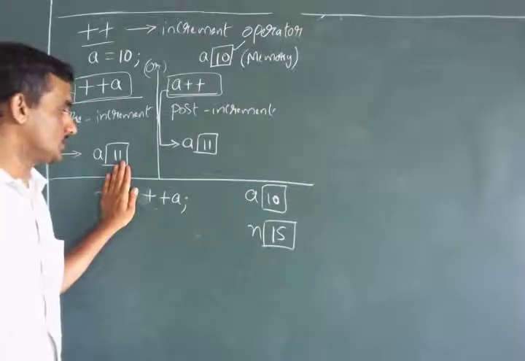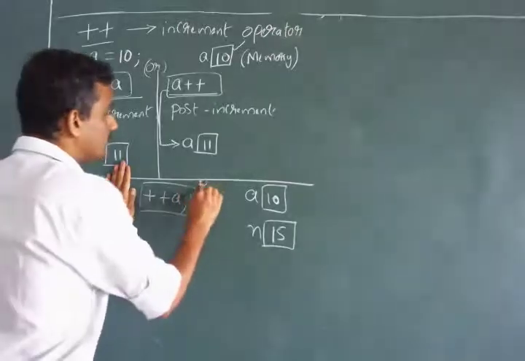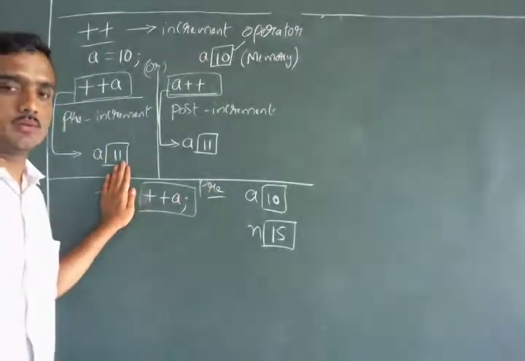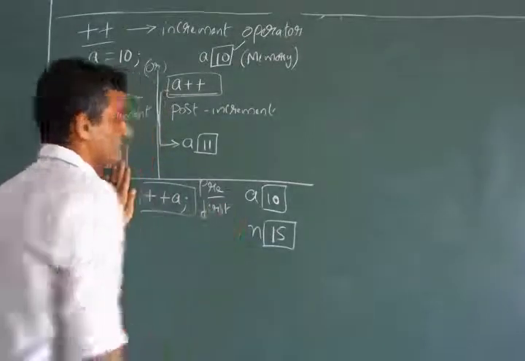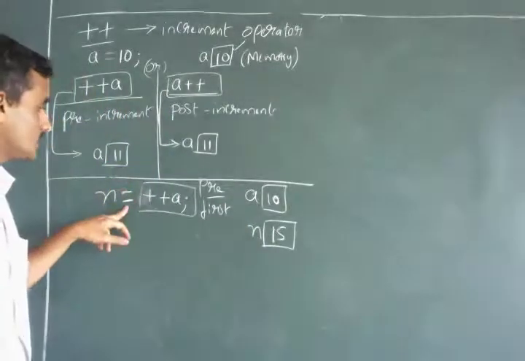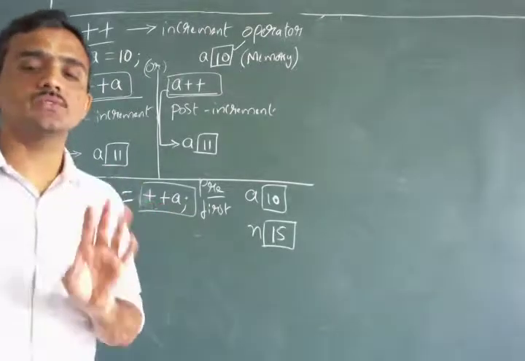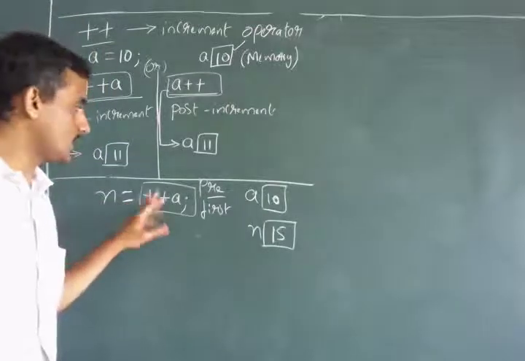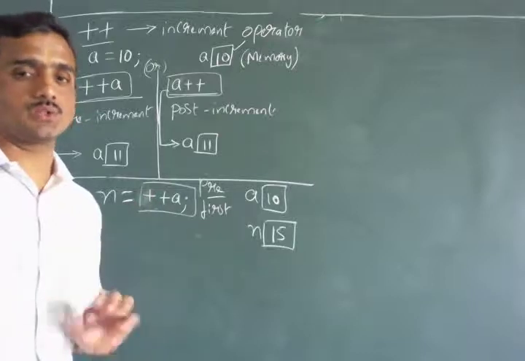Pre means before, so I can say this operation should be done first. Because the equals to sign is there and the plus operator is there, that means two operations you have to do. Equals to sign is one operation, plus sign is another operation. In these two operations, which one do I have to do first? That is the question.